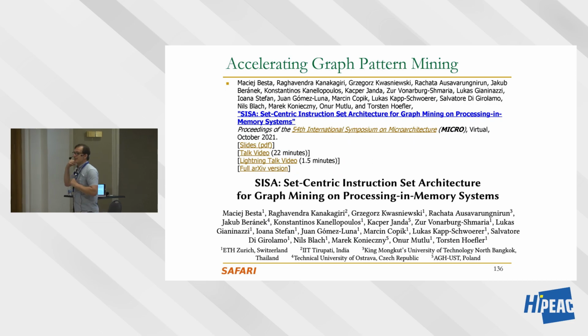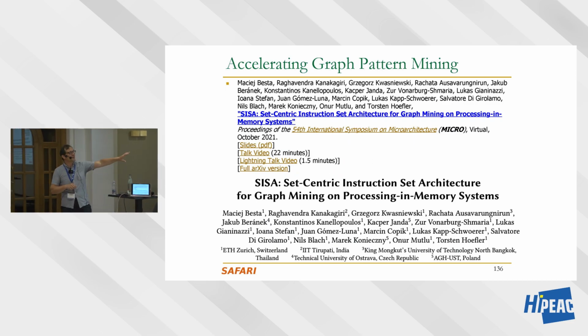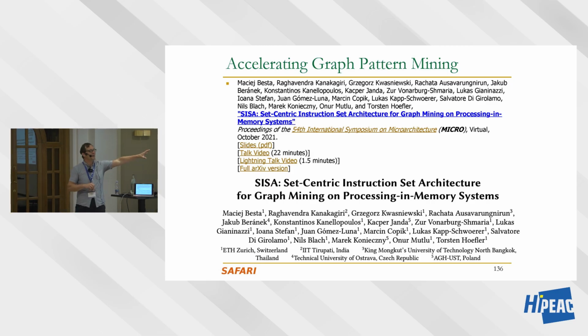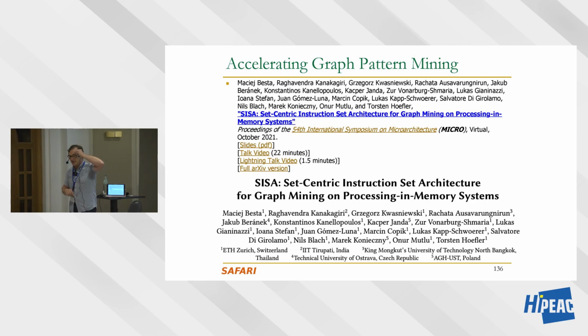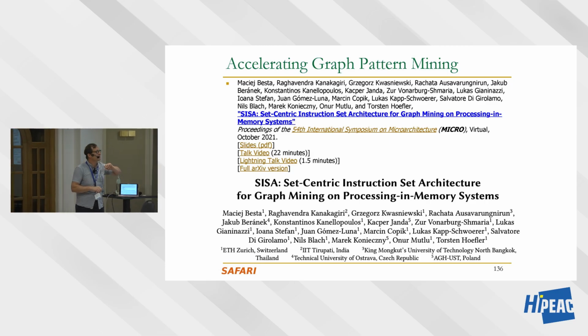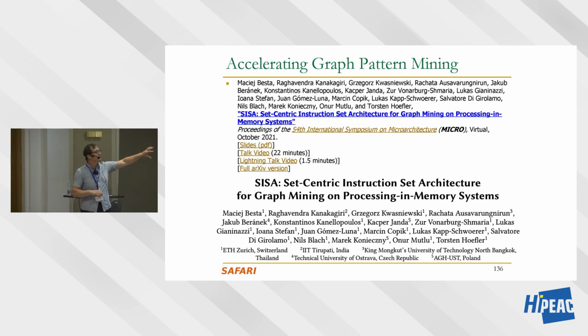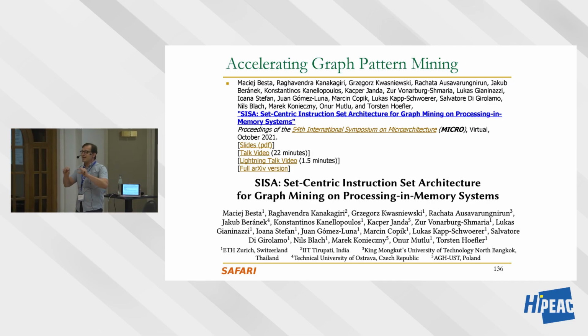More recently, I'm not going to go through this, but this is actually a very fascinating paper. We collaborated with Torsten Hoefler's group at ETH. Maciej, actually, he's a senior researcher. And we had this idea of using sets to represent graphs. And sets are very nice actually.